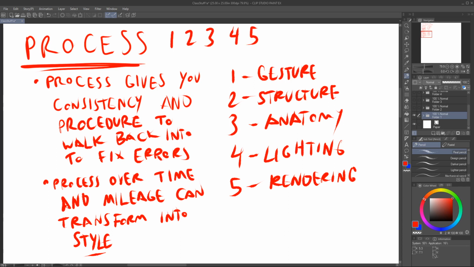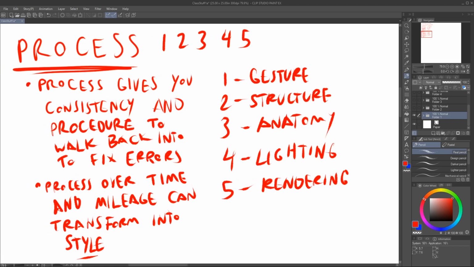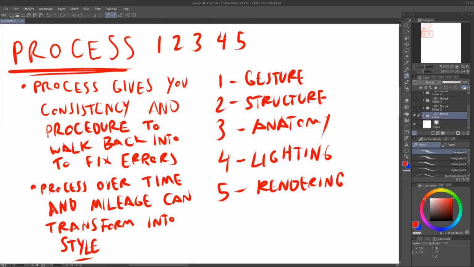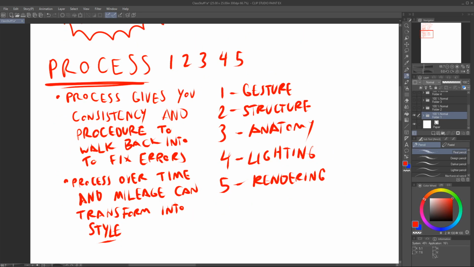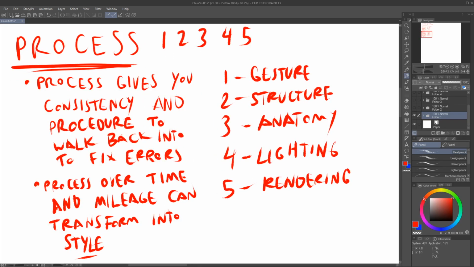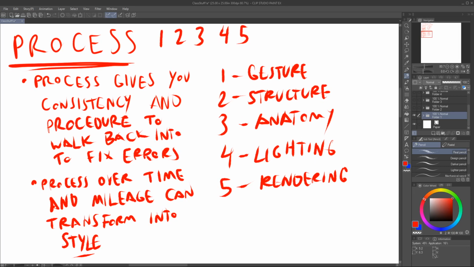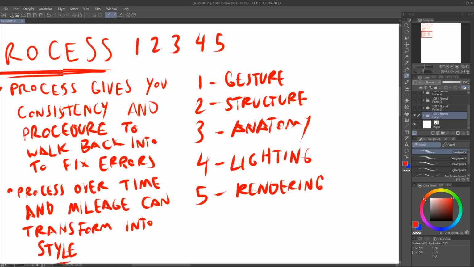Then when you get the lighting and the shadow patterns mapped out, you move on to rendering, which of course is the polishing and the tweaking, adding the little highlights and the little bits to really give it the detail that it needs. That's an example of a procedure. There are other procedures that might break down the steps further or be specific to a particular type of approach, but this is an example of a procedure.